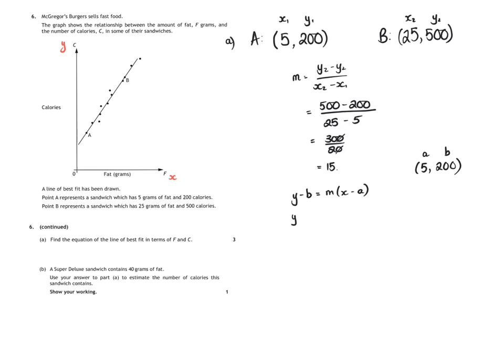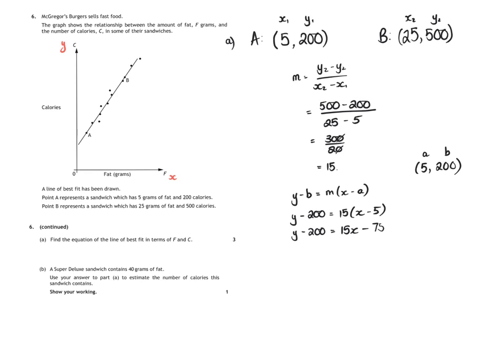So we have y minus 200 is equal to 15 times x minus 5. So we multiply this out. We're going to get y minus 200 is equal to 15x, and then it's going to be taking away 5 times 15, which is 75.